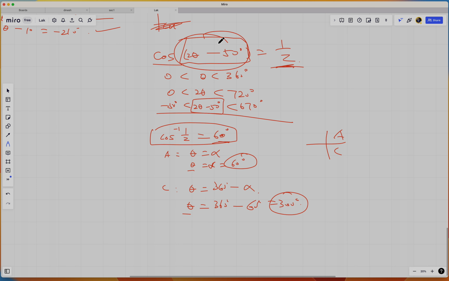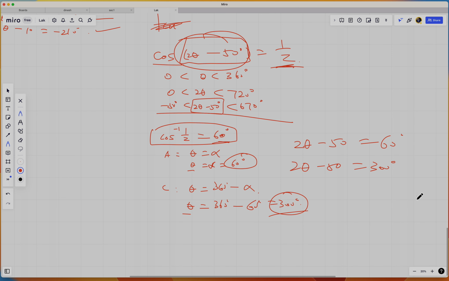They can give you any very complicated nonsense, but see it as a block. So this entire block is equal to 60. Then this entire block is equal to 300.